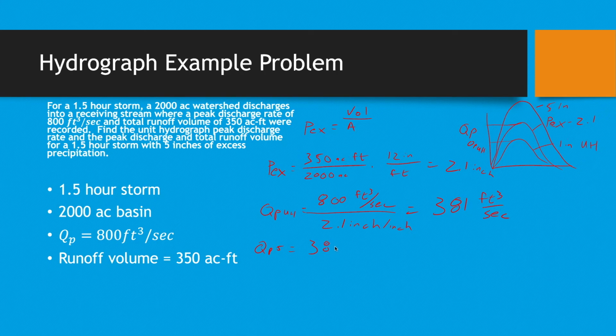So our peak flow rate for a 5-inch storm, we just scale it again, right? So we have our 381 cubic feet per second times 5 inches. I'm going to say inches per inch. And if you include all the significant digits from the calculation, you're going to get 1904.8 cubic feet per second.